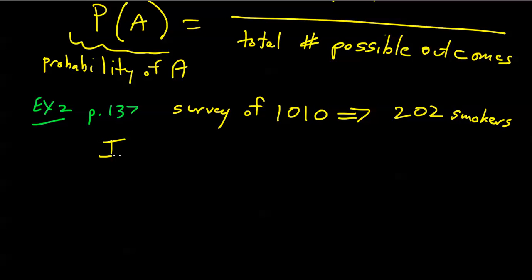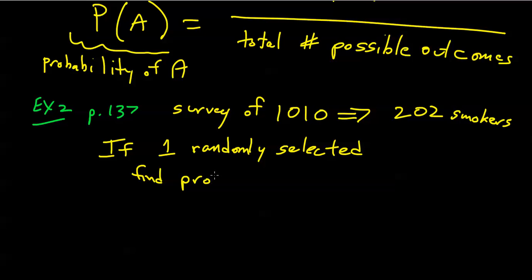So if I cite this experiment, I'll say if one adult is randomly selected from that pool of 1,010, find the probability of getting a smoker.